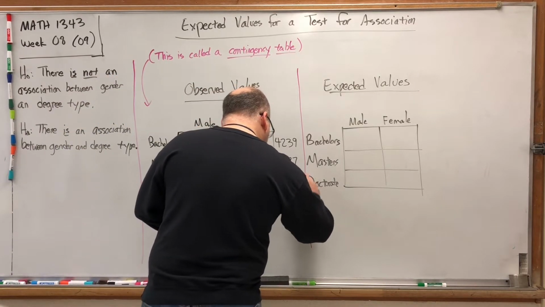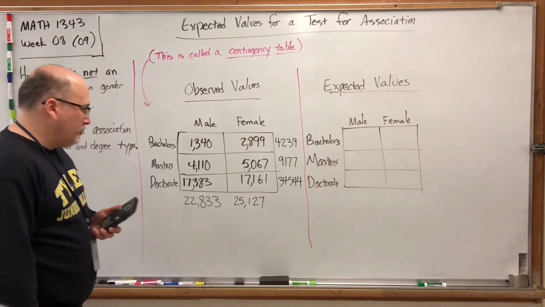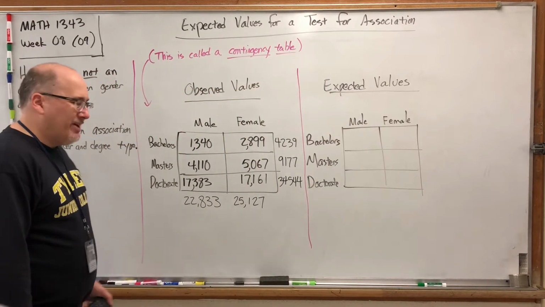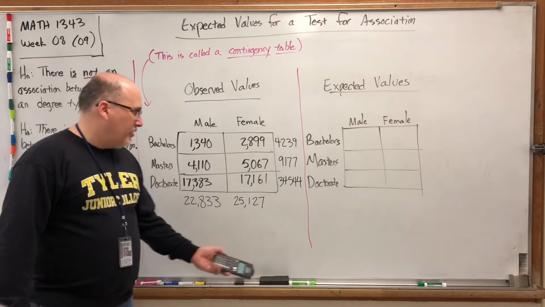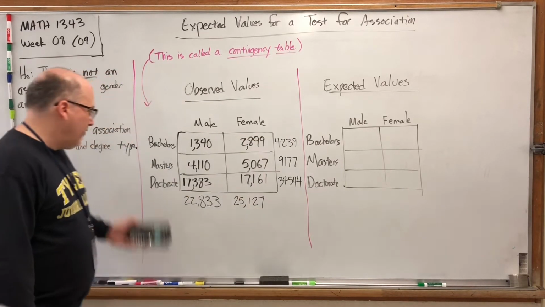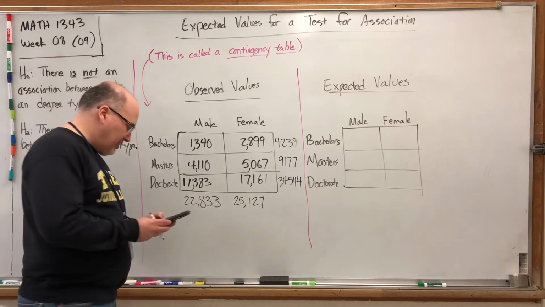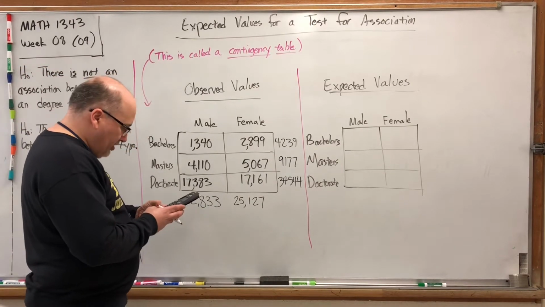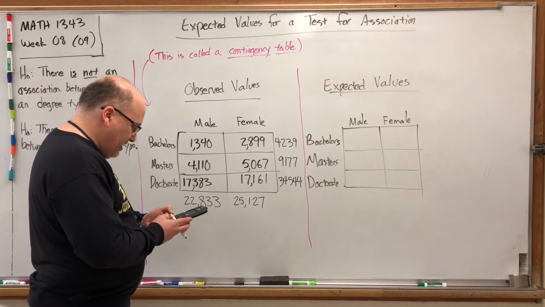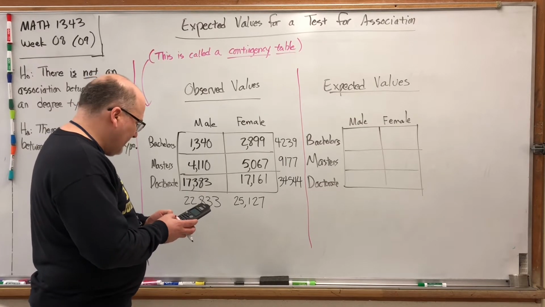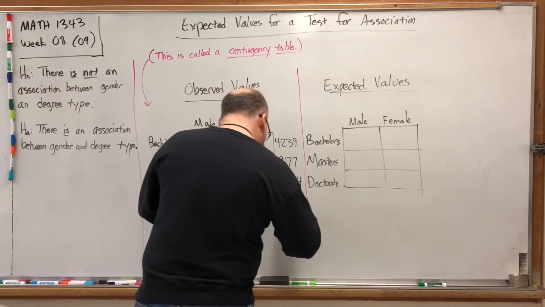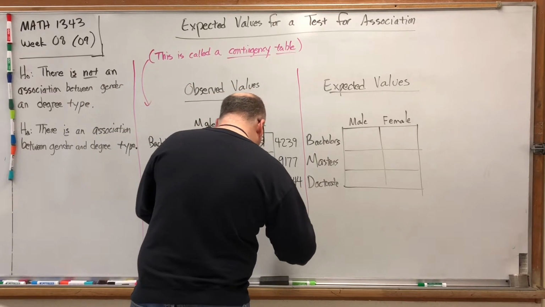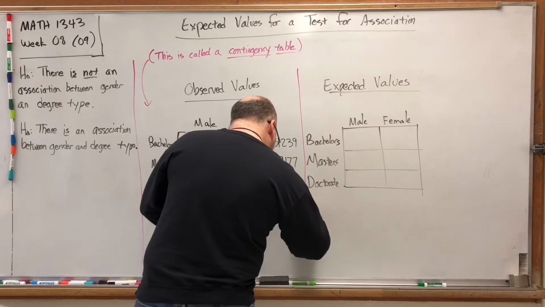Now, we can check that our sums are probably correct by taking a grand total in both directions. If we add up the total number of males and females, it should equal the total number of bachelor's, master's, and doctorate recipients. So let's check that. 22,838 plus 25,127 is equal to 47,965.